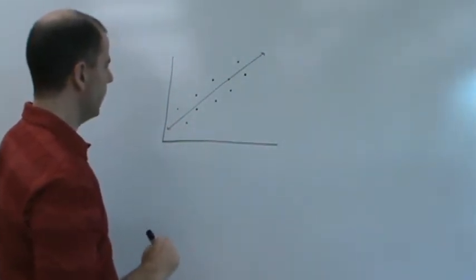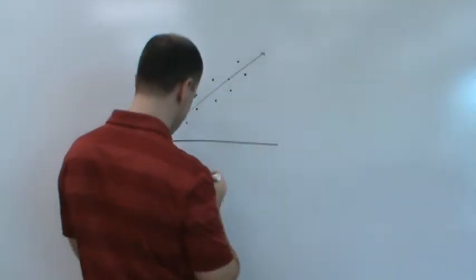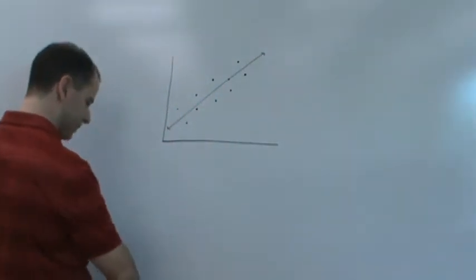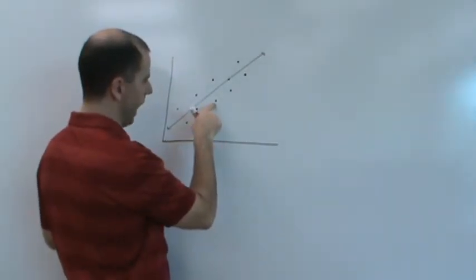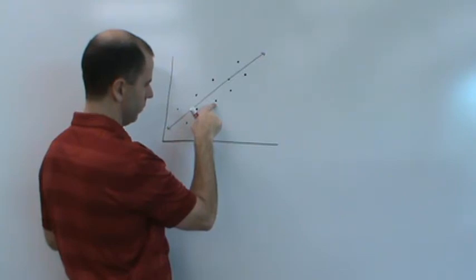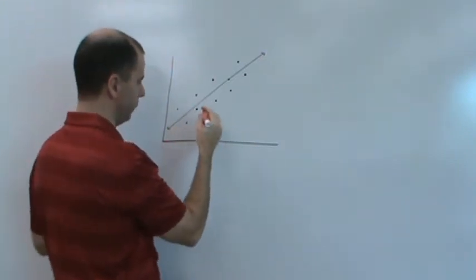Let me illustrate something here. Let's talk about this distance here. Here's the dot. That's the observed value, right? That's the observed value.